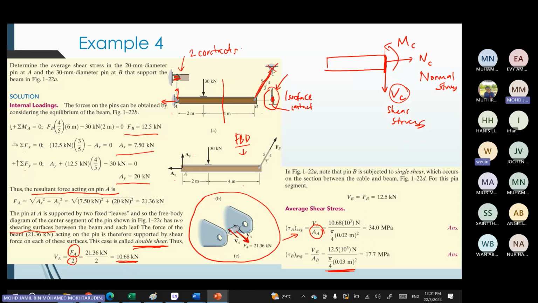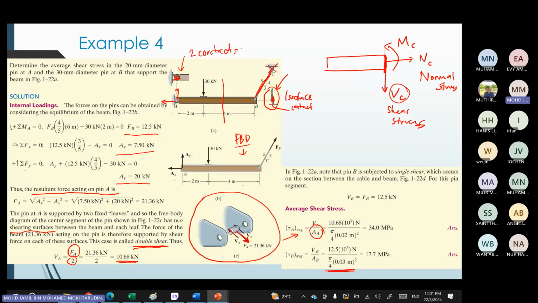And then after that we look at, sorry. For the tutorial earlier we only found NC and VC, right, MC. We didn't need to find the stress of VC, the stress of NC. Right. That one doesn't need stress yet, because to determine stress we need to understand the surface area.